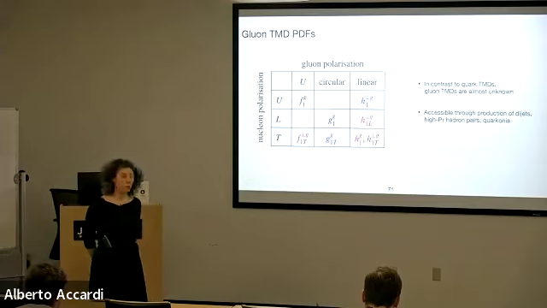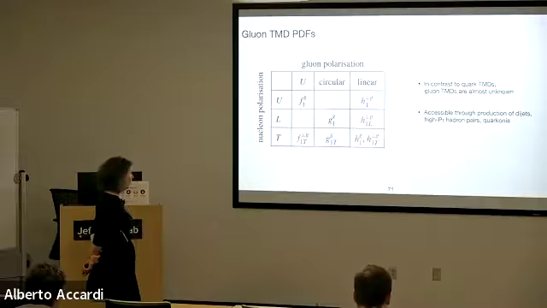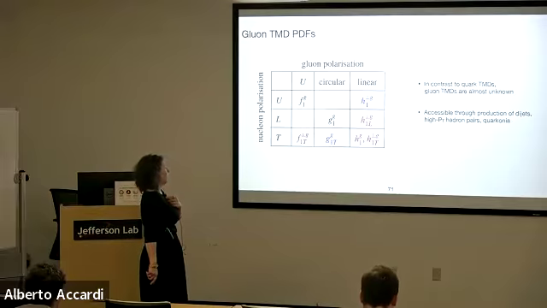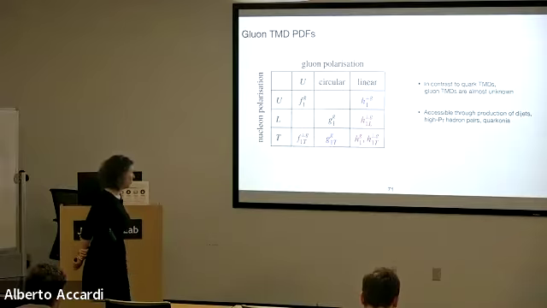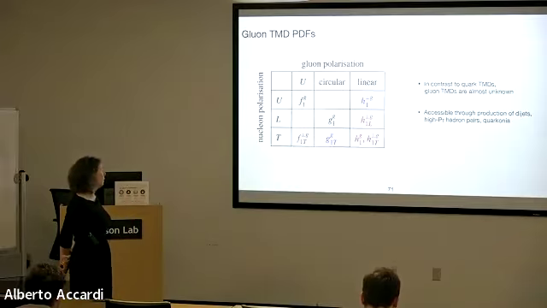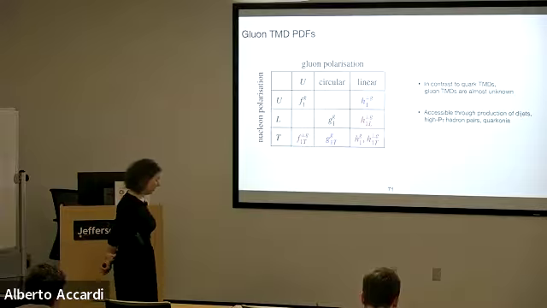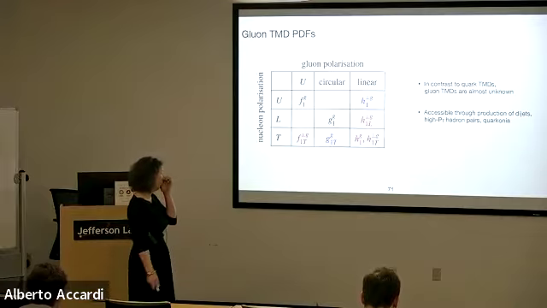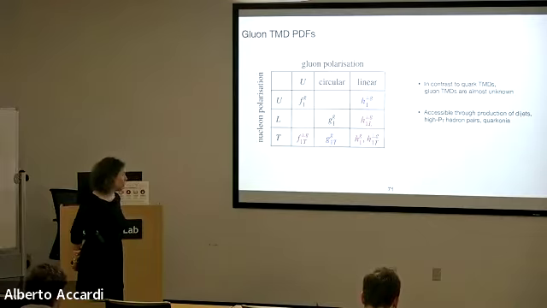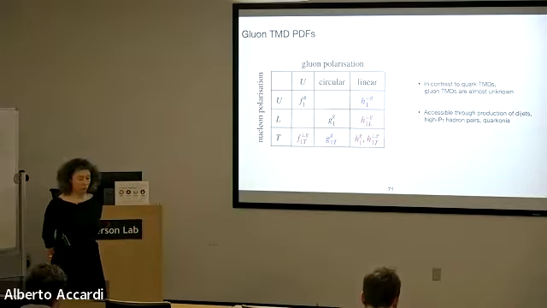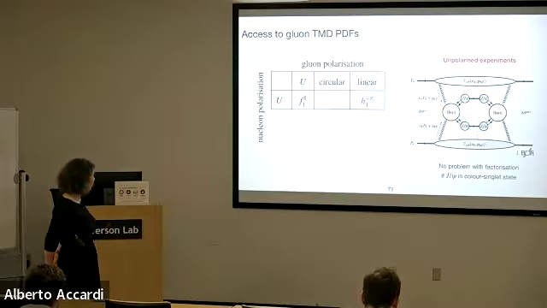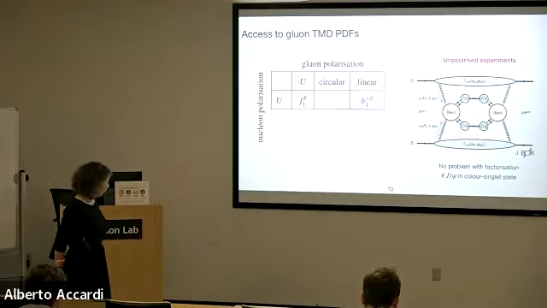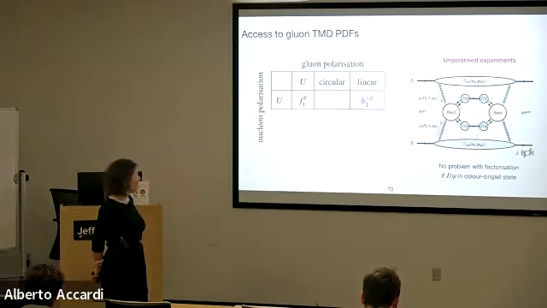So this is why we know so much less about gluons. But now that we'll have the EIC, we hope to improve our knowledge quite a lot by looking at hadron pairs with high transverse momentum, so back to back, or maybe also looking at particles such as quarkonia. So this was the general picture.